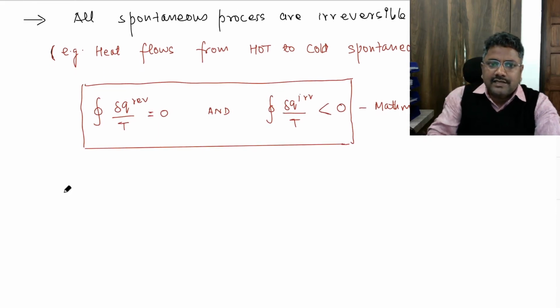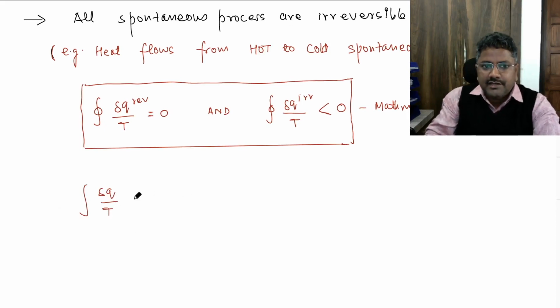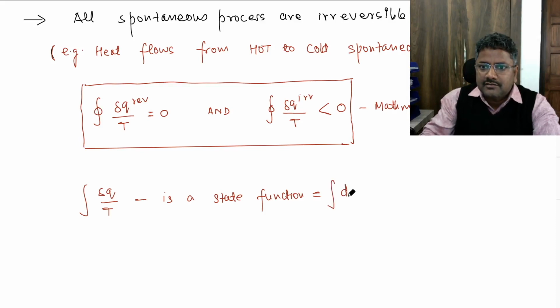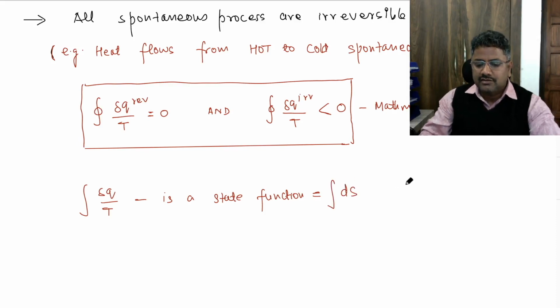As we know, this delta q by T is a state function, and it is known as what? Entropy.